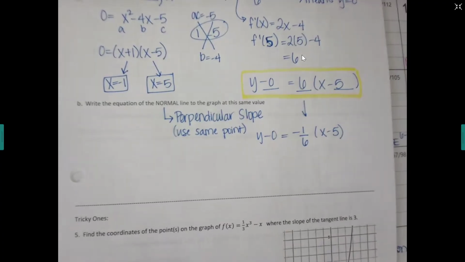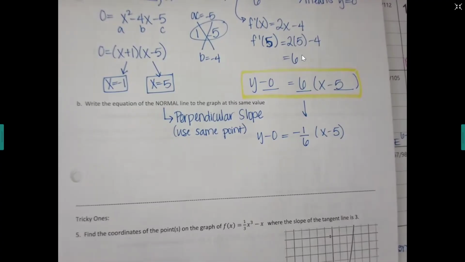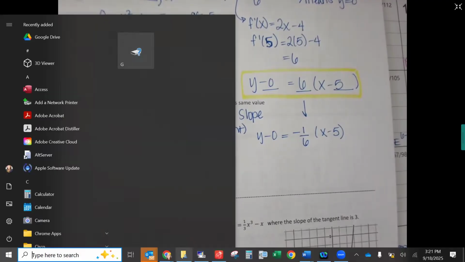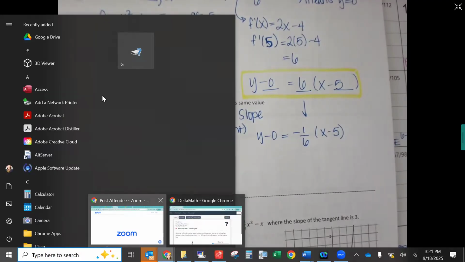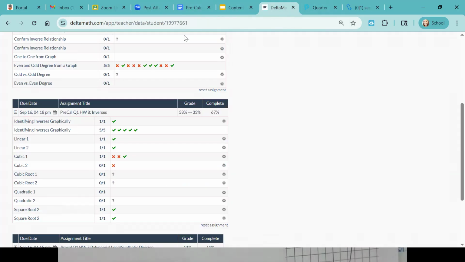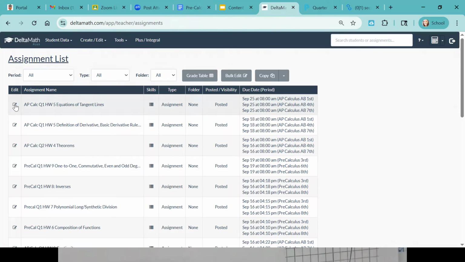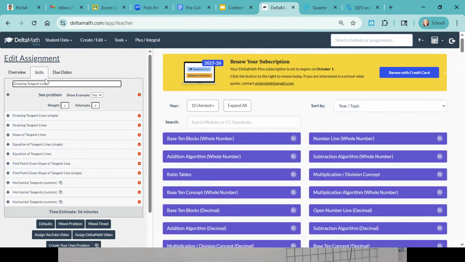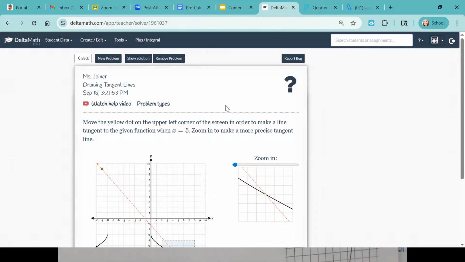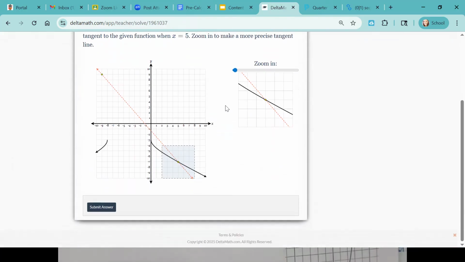All right, now for the very first question, just to make sure you kind of know what you're doing on that. It's asking you to use the yellow dot to make the line tangent. So think about on this graph right now, that dotted line just cuts through it. I need it to be tangent where the yellow circle is.